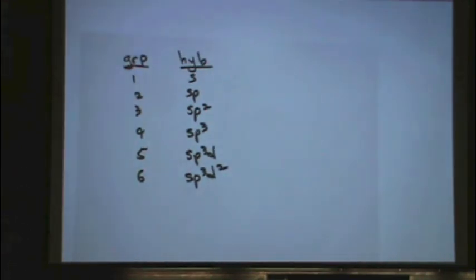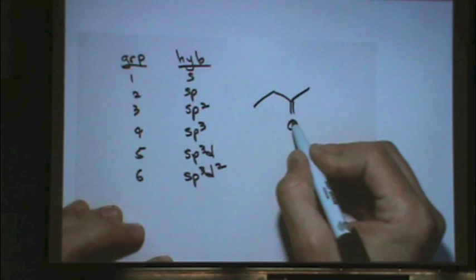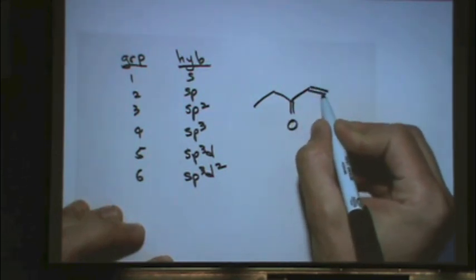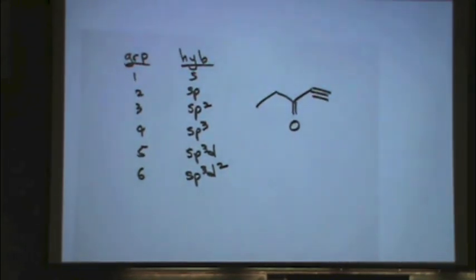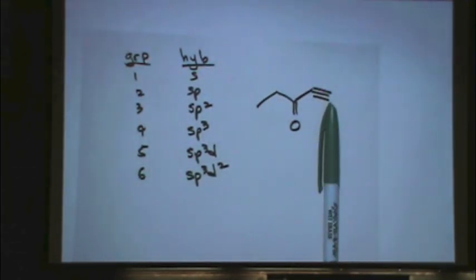Given any molecule, you want to tell me the hybridization of any given atom. So for example, let's look right here. You just count groups. How many groups? Not one.